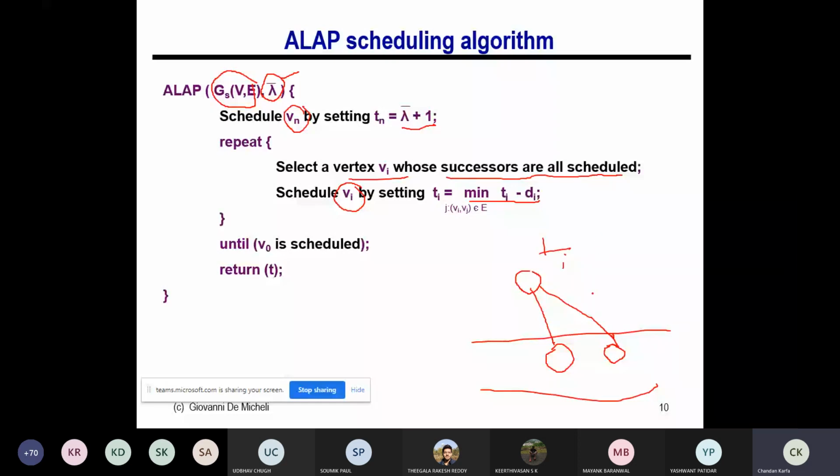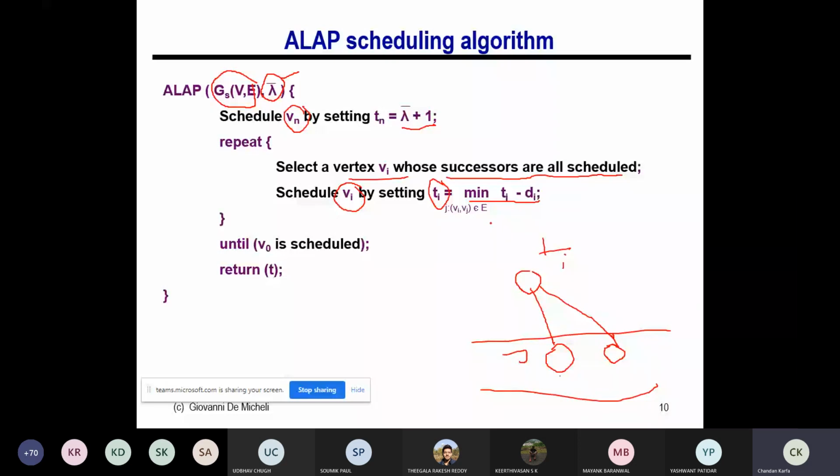So this TI must be the minimum of TJ minus DI, and this is for all successors.